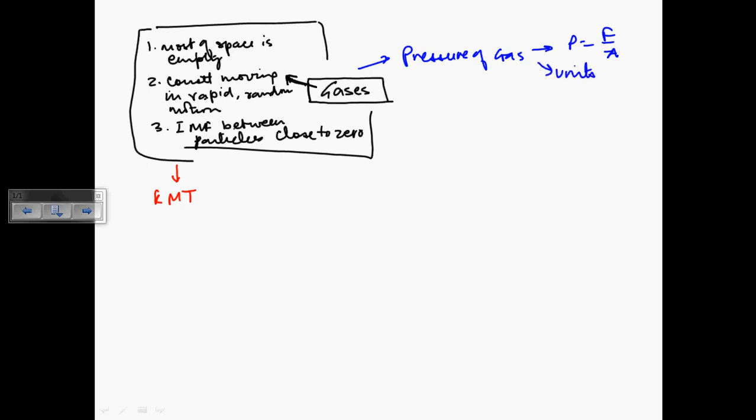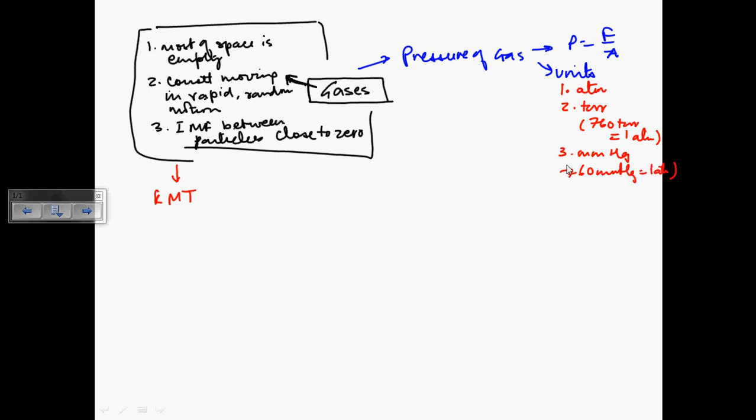the pressure. The three most common units are ATM. Remember, our atmospheric pressure is 1 ATM, or torrs. 760 torrs is 1 ATM, or millimeters mercury. 760 millimeters mercury is 1 ATM as well.